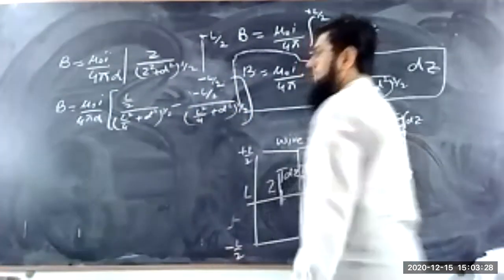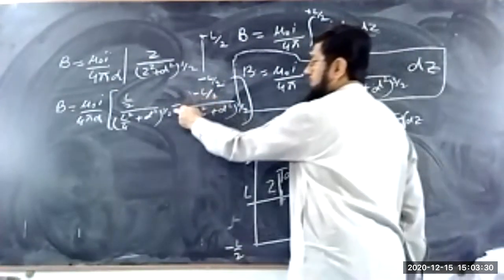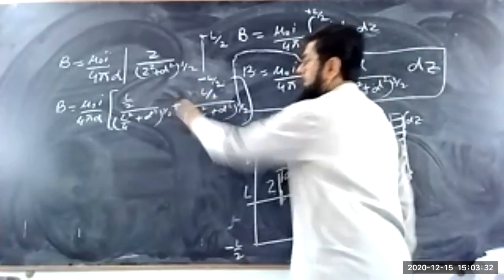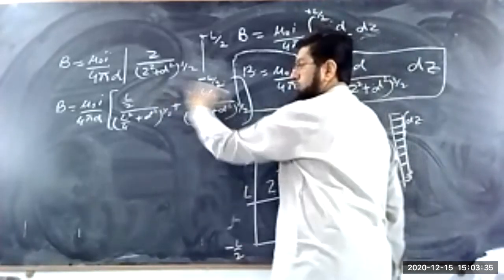I've just substituted the values. The minus and minus gives a plus, so L by 2 and L by 2 give L.